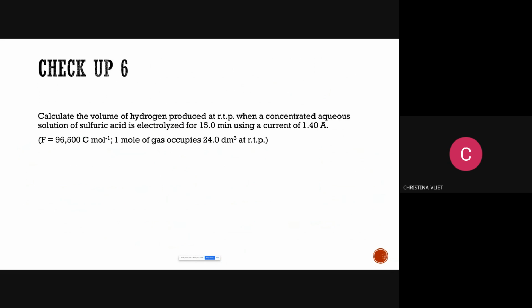Maybe first we want to find the equation that we need. What equation do we need here? What are they asking me for? Hydrogen. So what do you think is the equation that we need? We're electrolyzing sulfuric acid. Do we need the one for hydrogen or the one for the OH minus?